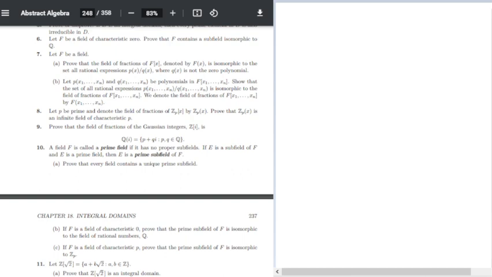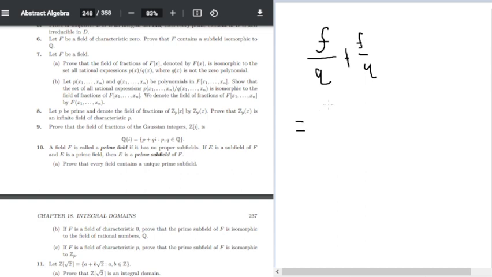Prove that Z_p(x) is an infinite field of characteristic p. So basically what I want to show is that, let's suppose we have f over q. So we have f over q plus f over q, and we'll do induction.